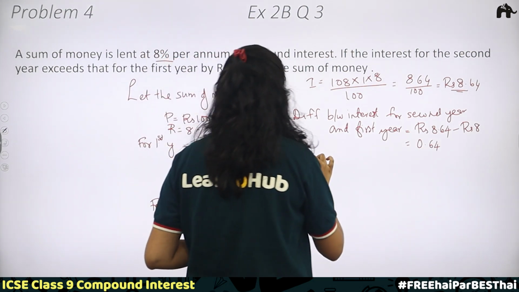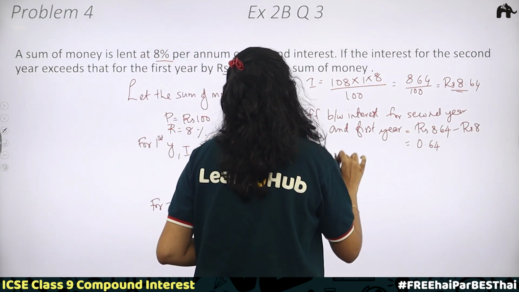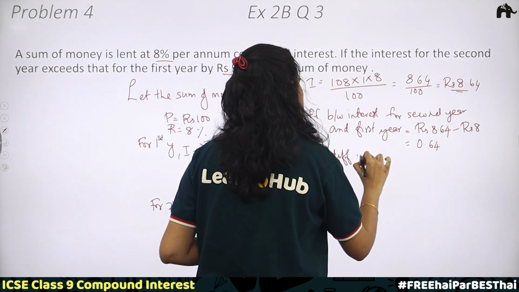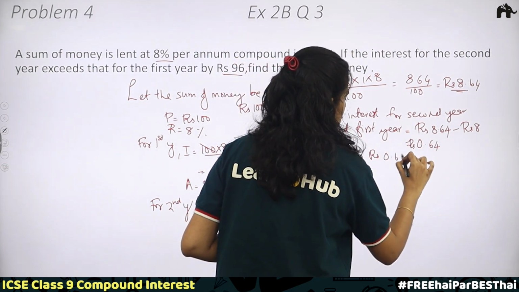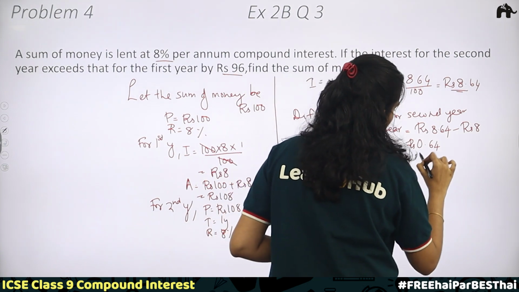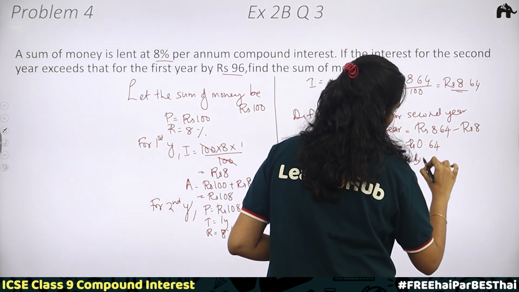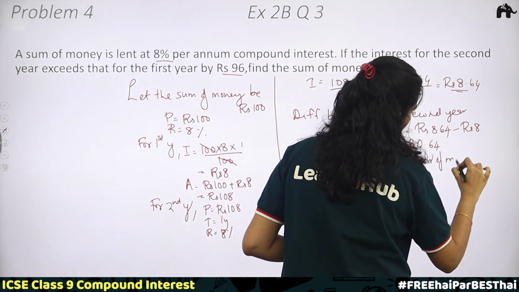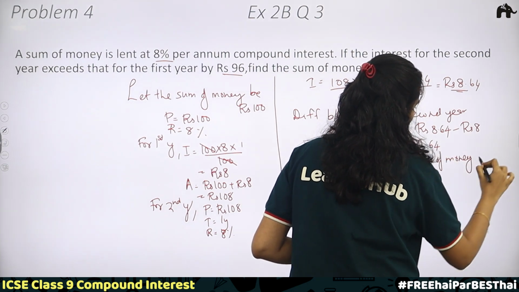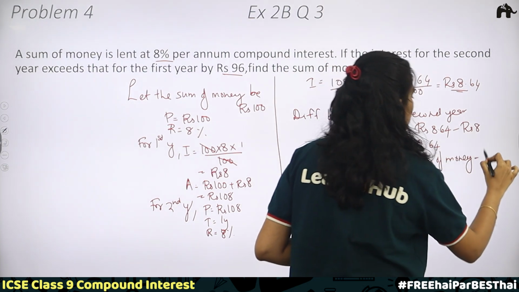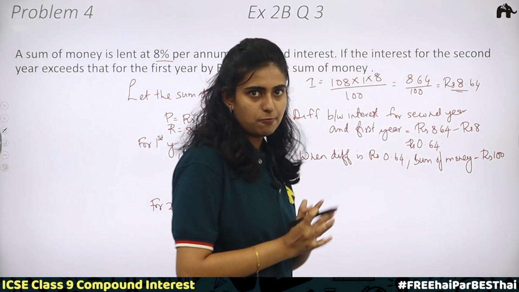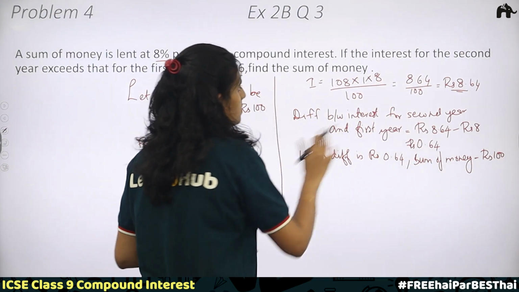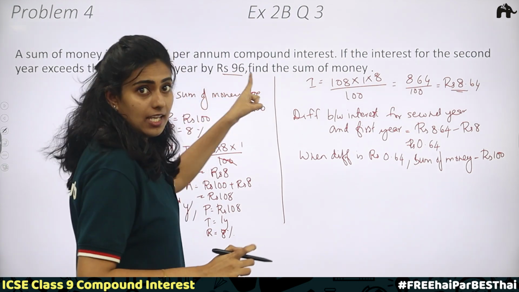Okay. When difference is rupees 0.64, sum of money or the principal will be equal to rupees 100. We have assumed rupees 100 as the sum of money. Okay, now the difference we are given, difference is given to be 96.